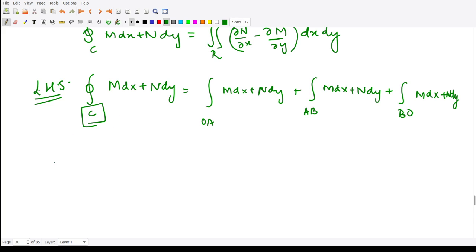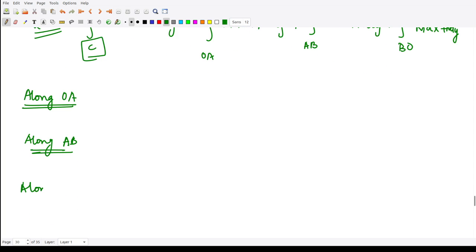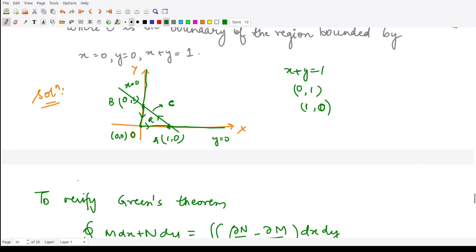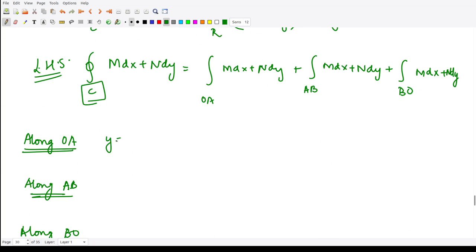So we'll first solve this much portion. First of all, let's rectify what our paths are. Along OA, what do we have? Along AB, what do we have? And along BO, what do we have? Along OA, you have 2 points (0, 0) and (1, 0). The equation of this line is y equal to 0.